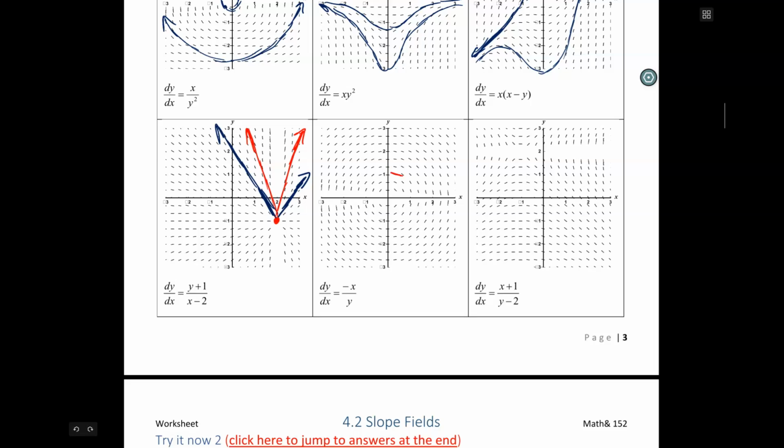In the next one, our solutions appear to be circles, so that one's pretty neat. And then in that last one, I think I'm seeing like a hyperbola shape. So let's see. It looks like there's some slant asymptote stuff happening in here. So if we start above that, we'll get curves like this.